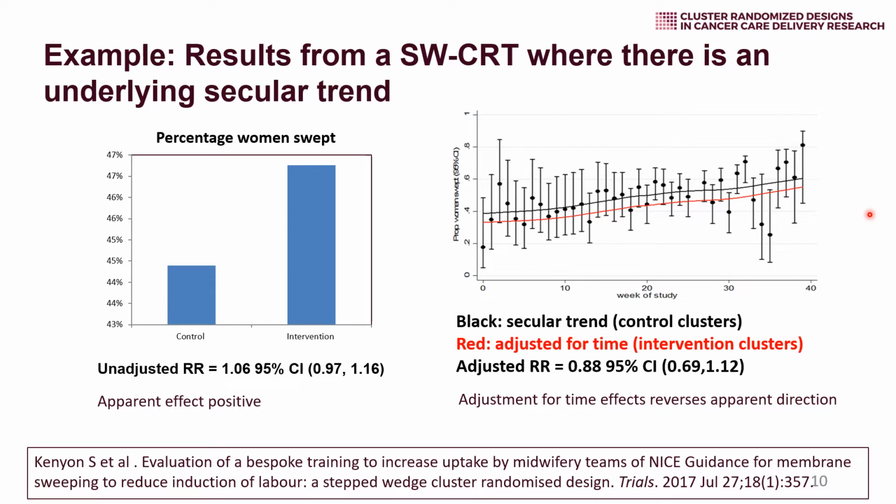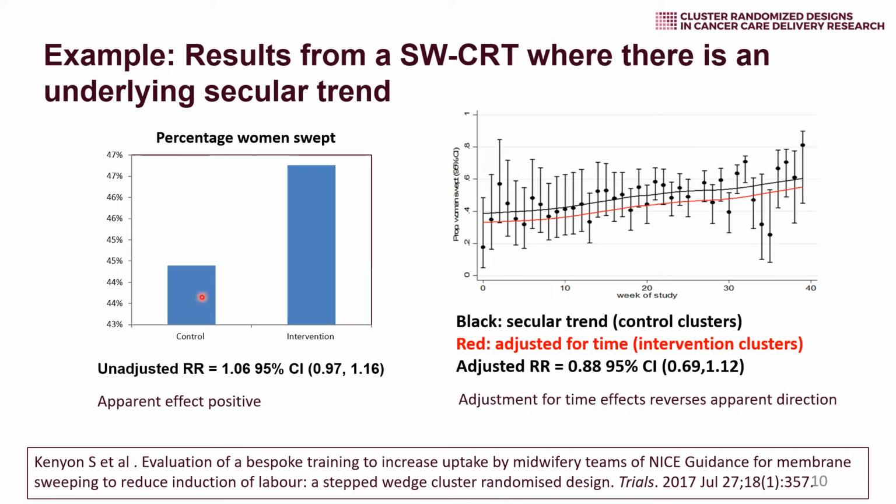The red is the model-based, time-adjusted effect of what's happening in the intervention clusters. And it turns out that the adjusted for time relative risk is 0.88. Again, not statistically significant, but focusing on the point estimate, this adjustment for time reverses the apparent direction of the effect.